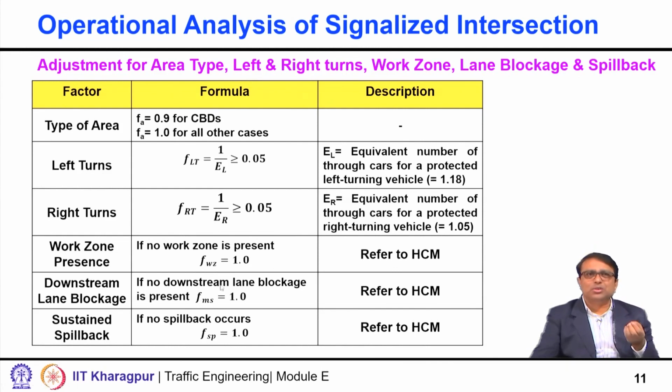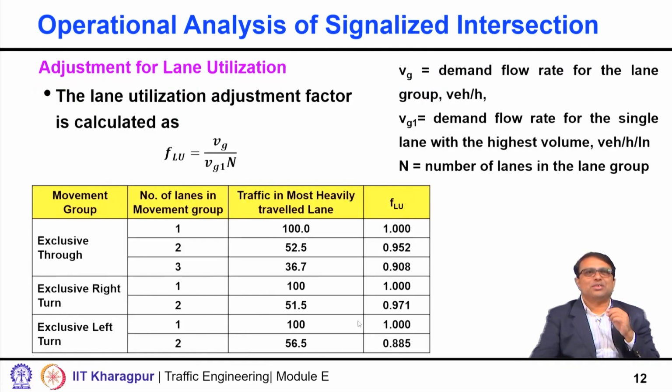If no work zone, no downstream lane blockage, and no spillback is present, then in each case the corresponding factor will be 1. If nothing is present, it is not a factor, so it is 1. Otherwise there will be a value less than 1.